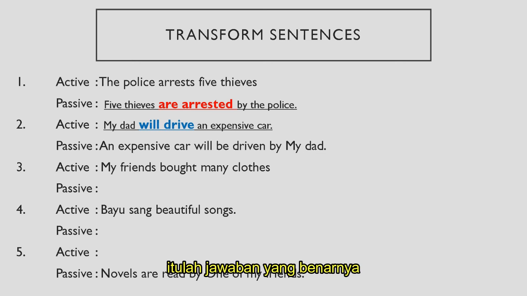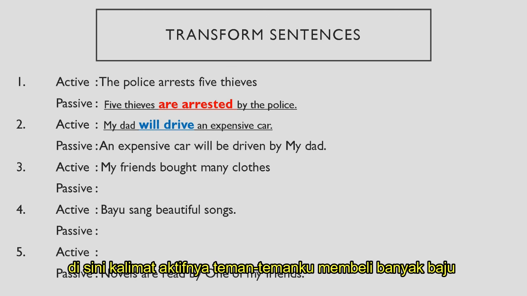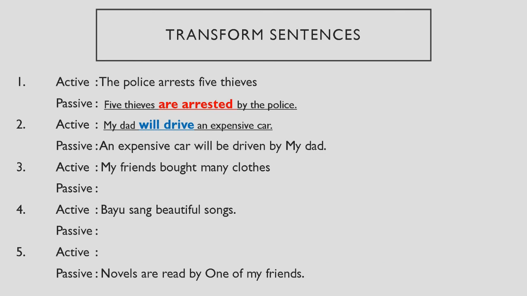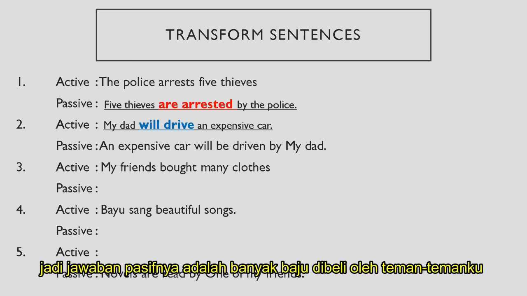That's the correct answer. Number 3, you have to answer the passive form. We have active here. My friends bought many clothes. So the passive answer is many clothes were bought by my friends.